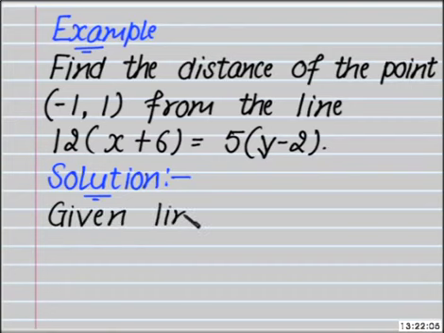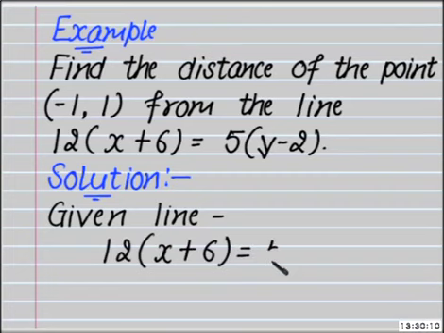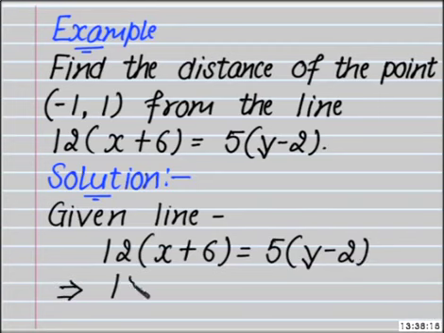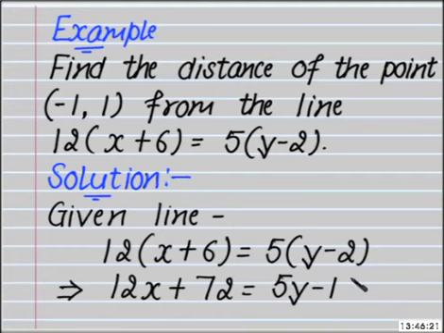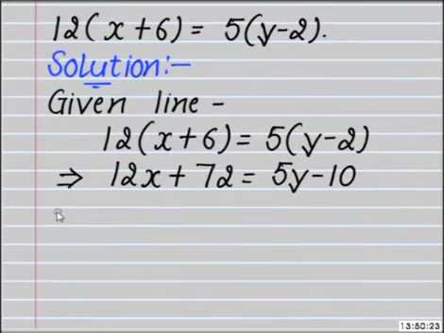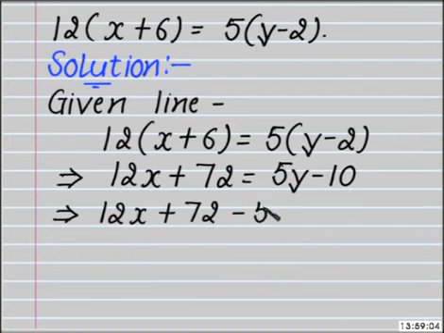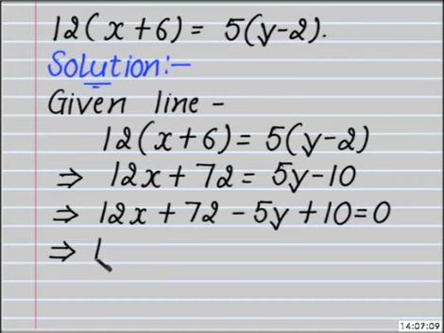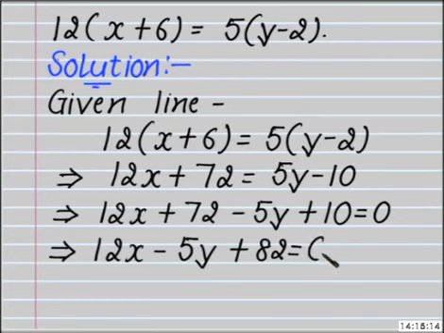Here the given line is 12 into x plus 6 equal to 5 into y minus 2, implies that 12x plus 72 is equal to 5y minus 10, implies that 12x plus 72 minus 5y plus 10 equal to 0 further implies 12x minus 5y plus 82 is equal to 0. Let it be equation number 1.